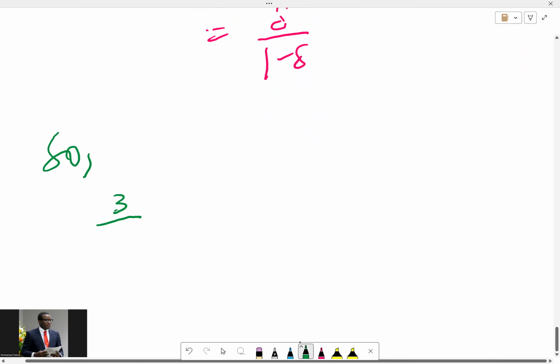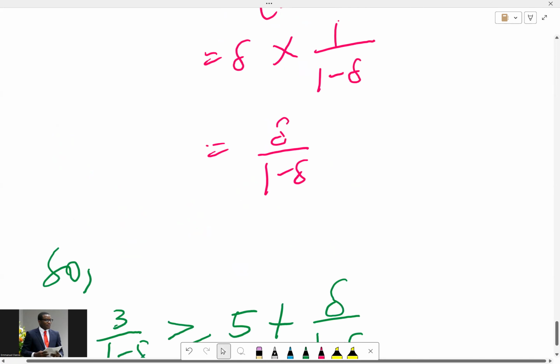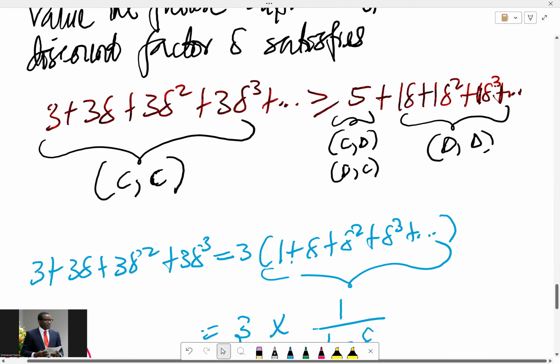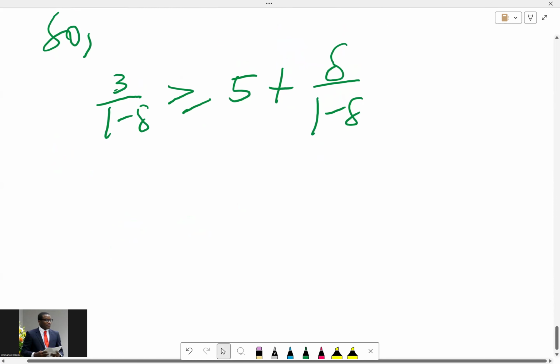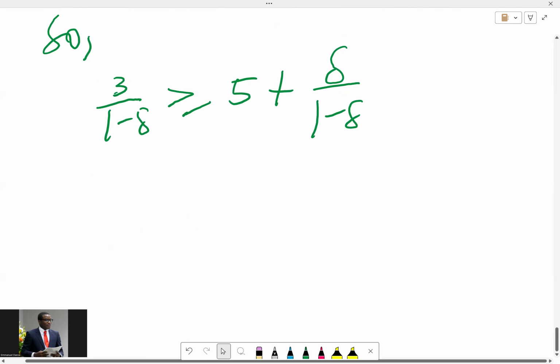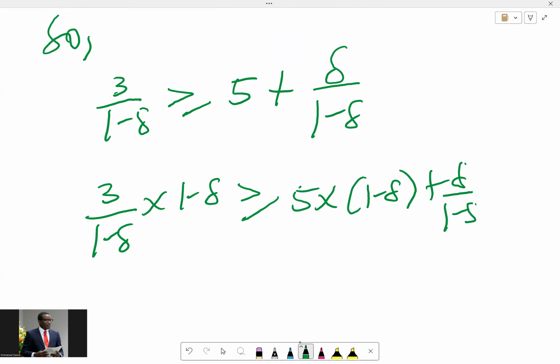So 3 over 1 minus delta is greater than or equal to 5 plus delta over 1 minus delta. That is this side now. We can simplify this to get the arrangement. The best way to go is to multiply by 1 minus delta.